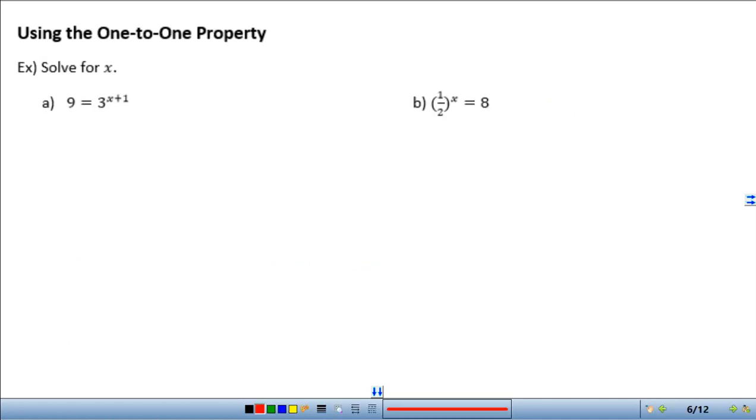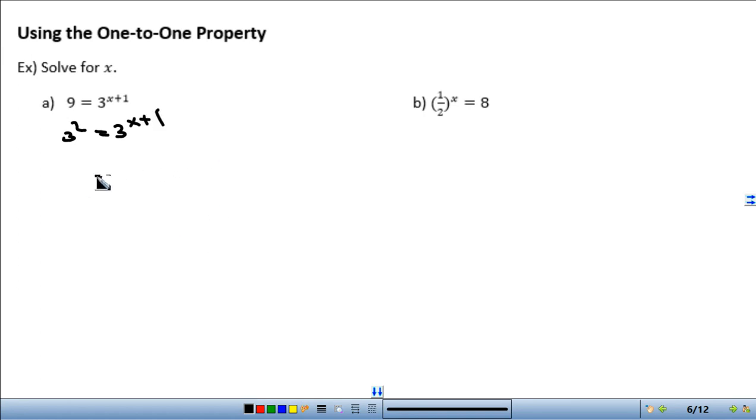So we have a one-to-one property where you can solve for x. To do this, just to make your life easier, get it into the same base. So for instance, 9. I'm going to make it into a base of 3. So that's 3 squared equals 3 to the x plus 1.